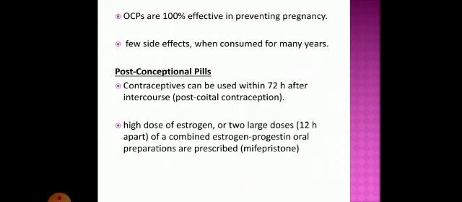Hypertension occurs due to prolonged use of OCPs, due to fluid retention and also due to increased angiotensin levels. Estrogen has the capacity to increase the renin-angiotensin activity and thereby increases angiotensin 2 production, and angiotensin 2, as you all know, is a potent vasoconstrictor.